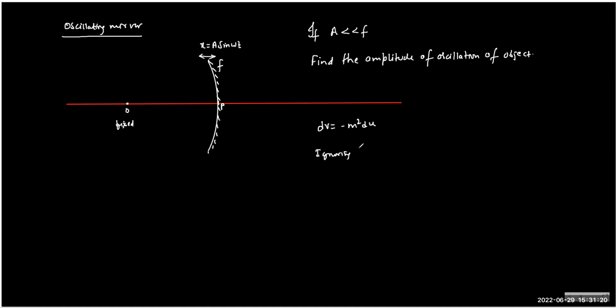Ignoring the sign, the amplitude of the image will be m square times the amplitude of the object. The amplitude of the mirror will be the same as the amplitude of the object, because if you shift the mirror, in the mirror frame the object will shift in a similar fashion.